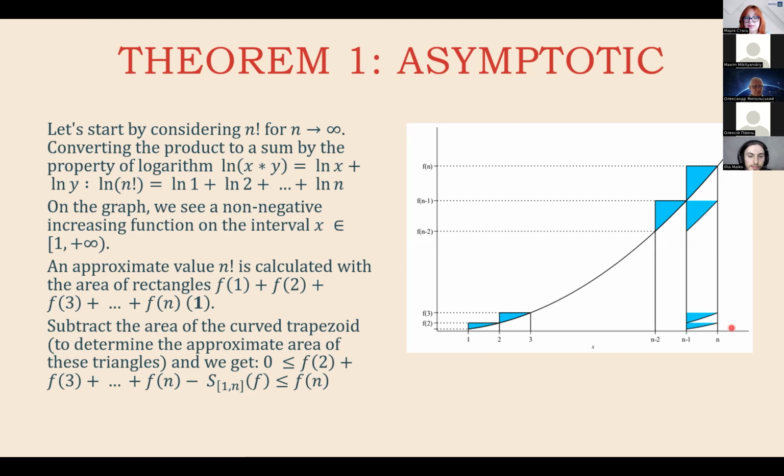And we get that the sum of this function minus the area of these trapezoids, I mean these blue pieces, will be smaller than the last function f for n.